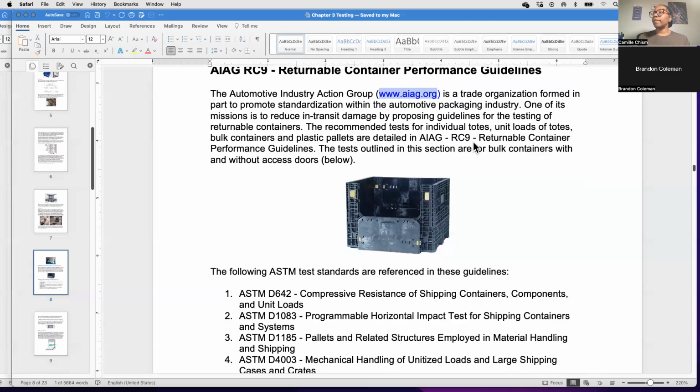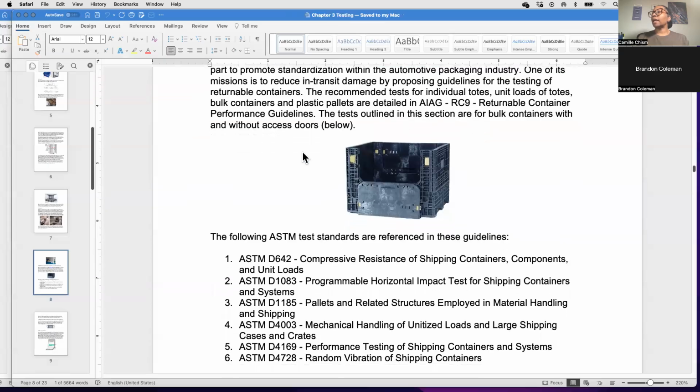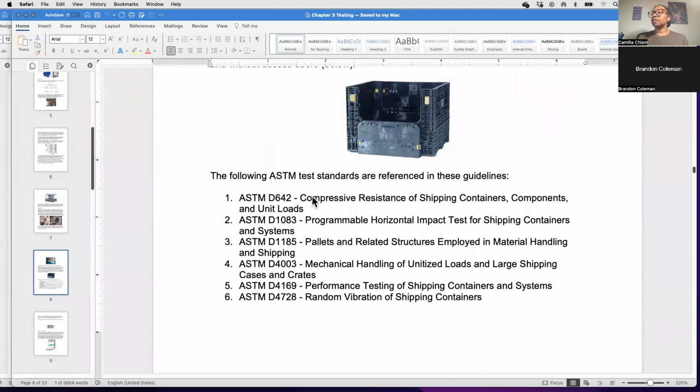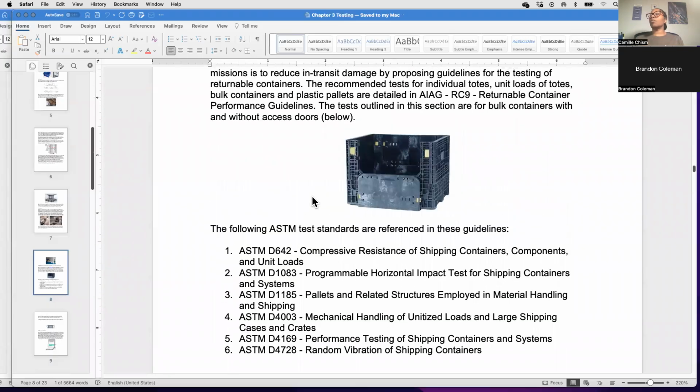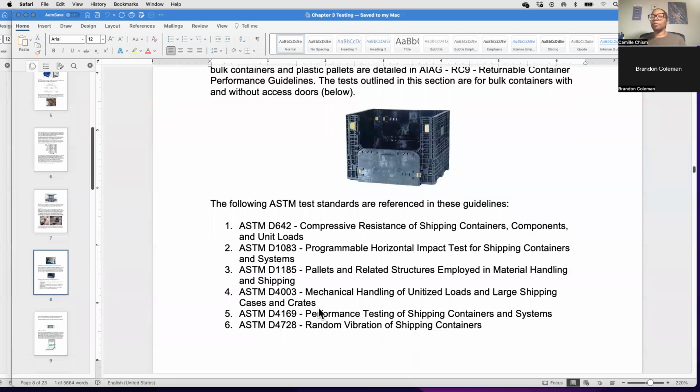Okay, so back to this. Again, these are performance guidelines, and these tests are based on the standards. These standards from ASTM are actual standards, used by test facilities, and they follow those tests 100% to the letter. What you have here for RC9, they are giving guidelines for the tests that they recommend being used.